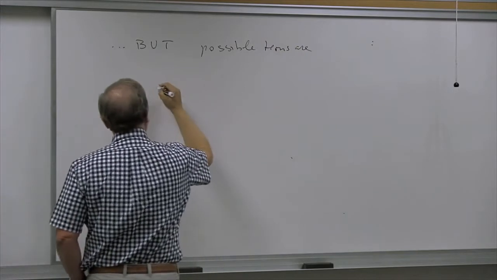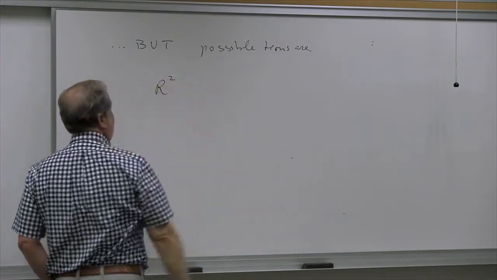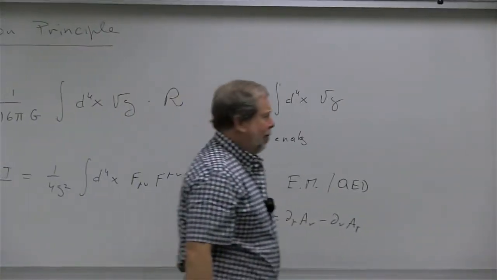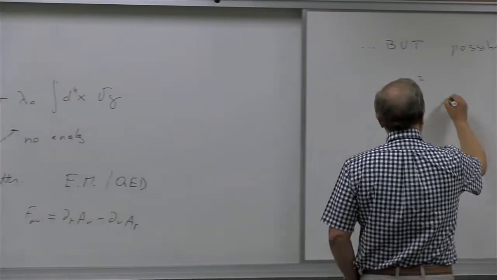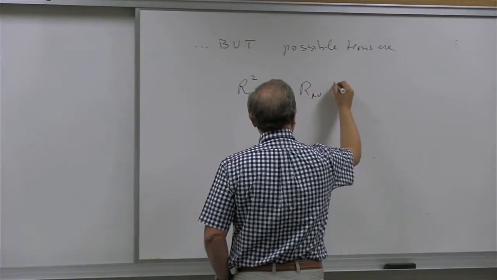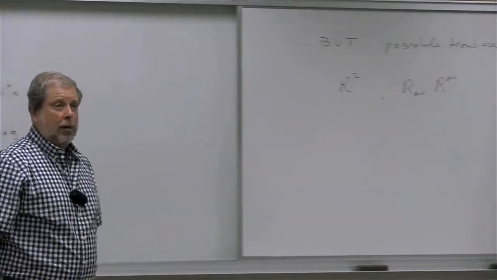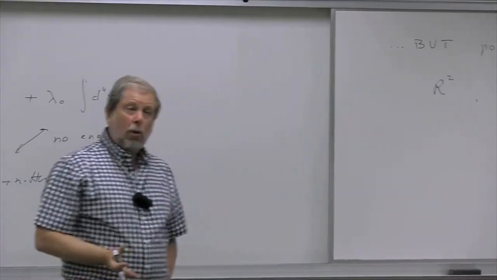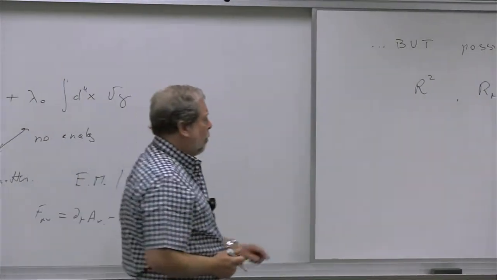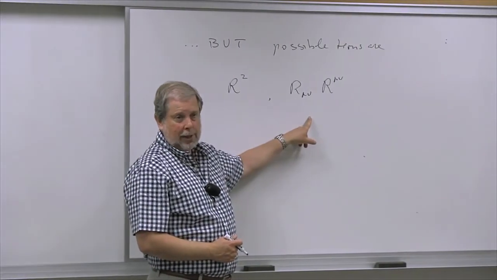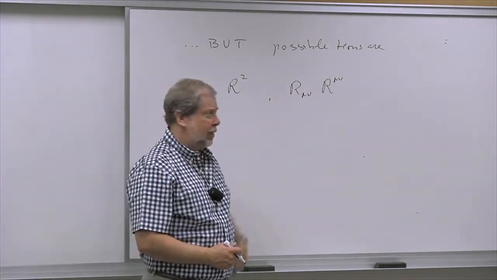The possible terms that you can have is that, in fact, you can take the square of R, and you can have R squared. You can also take R mu nu, and you can square that, and you get R mu nu times R mu nu. Right? And these are all coordinate invariants because you construct a scalar, or in this case, you have a two-index tensor, which you contract with itself, which is a scalar.